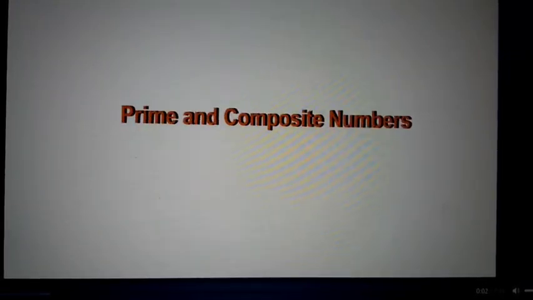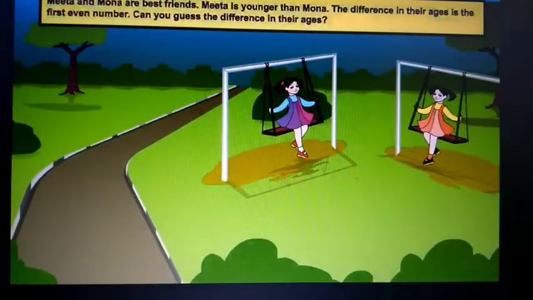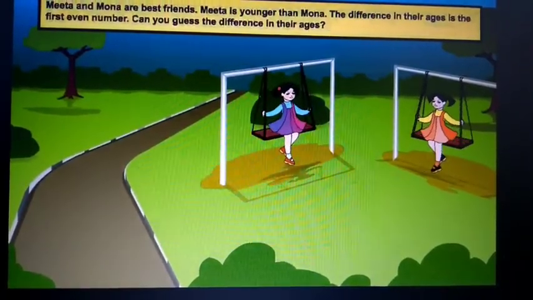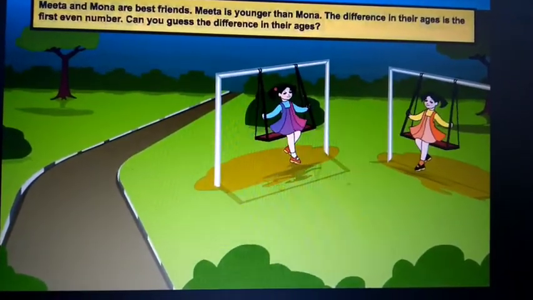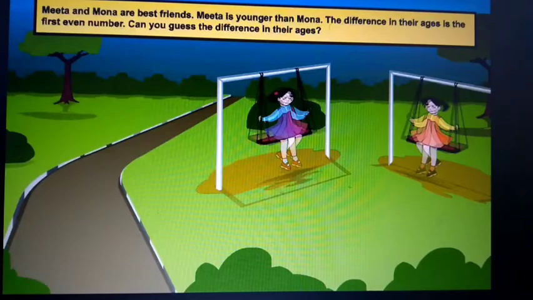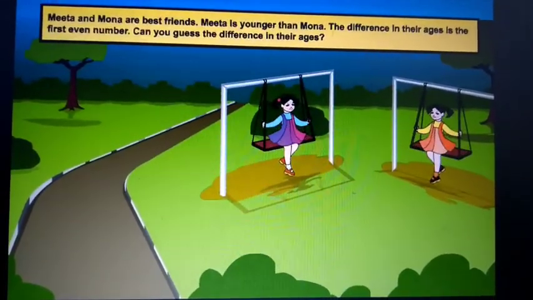Prime and composite numbers. Introduction. Meeta and Mona are best of friends. Meeta is younger than Mona. Their difference in their ages is the first even number. Can you guess the difference in their ages?